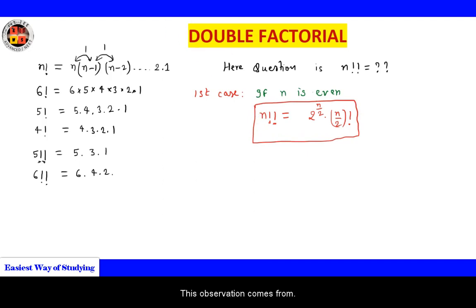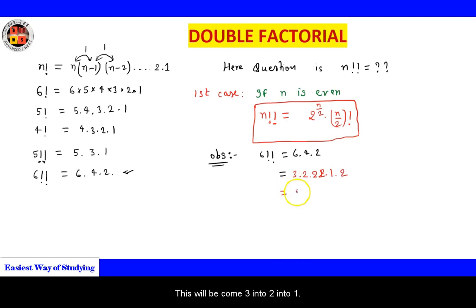Let me explain where this observation comes from. 6 double factorial is written as 6 into 4 into 2. 6 is 3 into 2, 4 is 2 into 2, and 2 is 1 into 2.